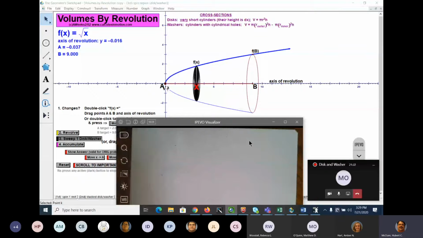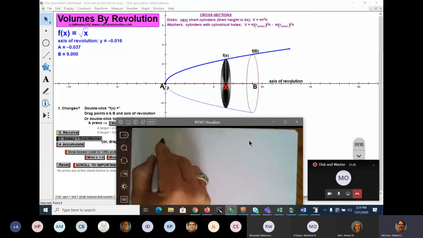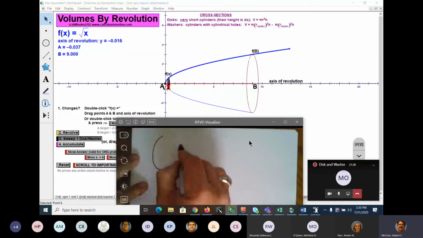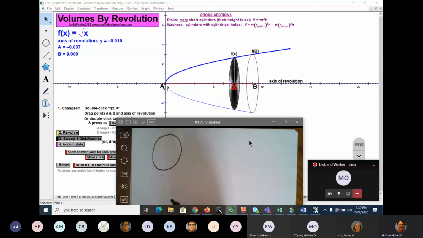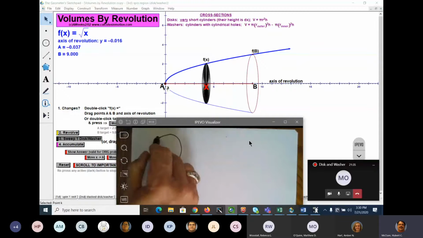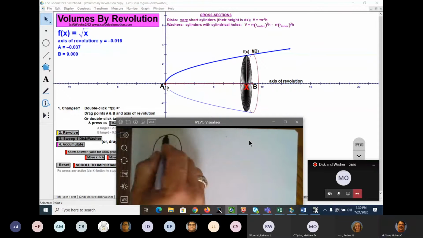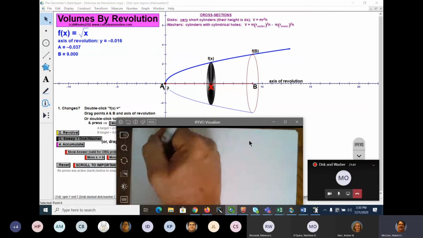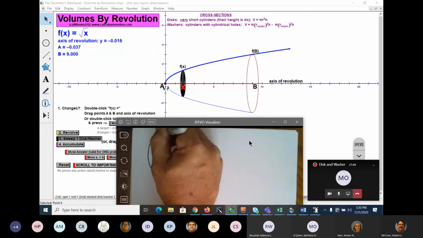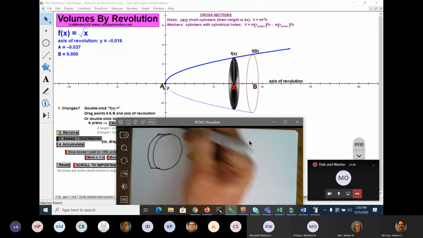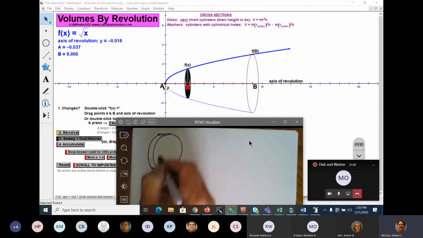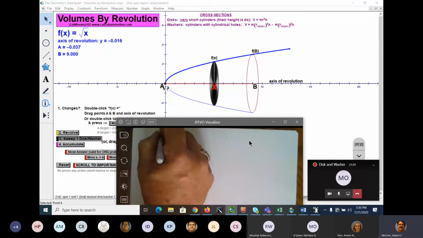Okay? So when you're talking about, I'm not going to draw a function or anything. All I'm going to draw, and it's going to suck, is there's a disc. And that disc has got to have a width. And the width of that disc is going to be dx.